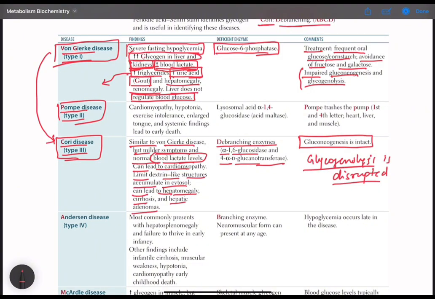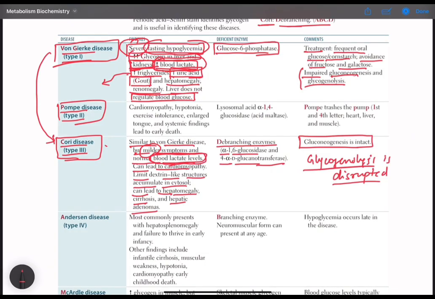The differences between von Gierke and Cori are that von Gierke has severe hypoglycemia, while Cori has milder. Another thing is that in von Gierke disease the Cori cycle is disrupted, while in Cori disease the Cori cycle is not disrupted and the patient has normal blood lactate levels.